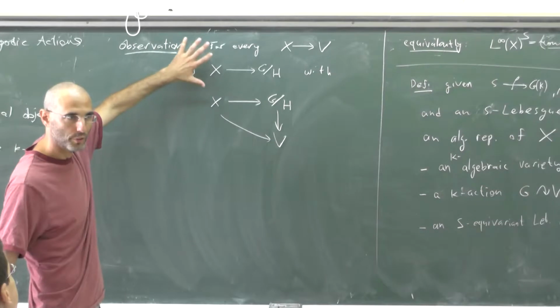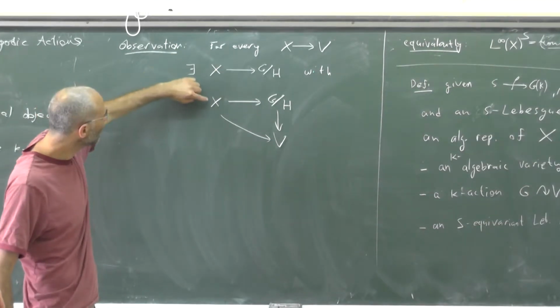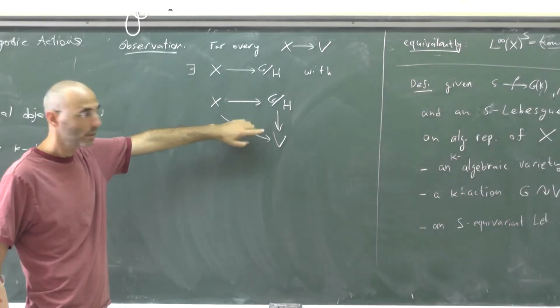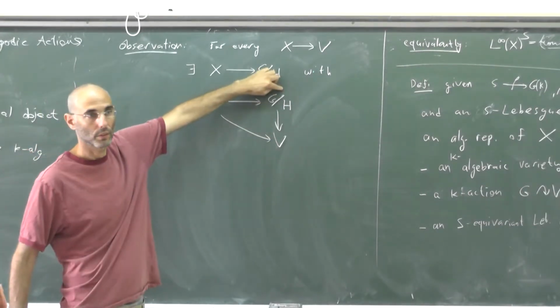Basically what this observation says is that whenever I map this ergodic space into an algebraic variety in an equivariant way, basically I'm hitting one G orbit.